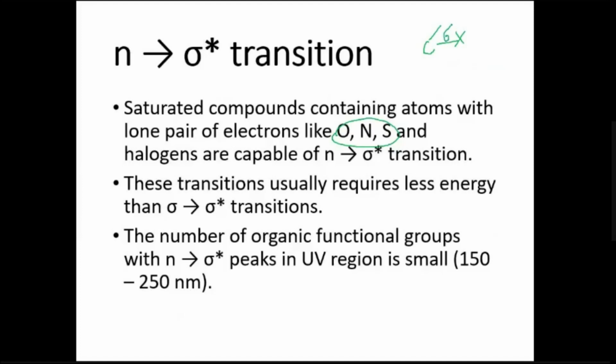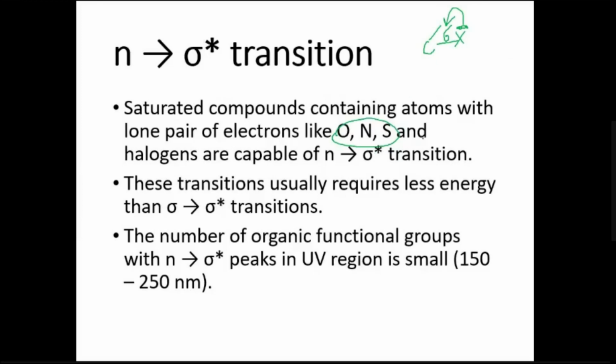There should be a sigma bond. Then only the n electrons present there may jump into the sigma star orbital. So you require a sigma bond and a halogen or oxygen or sulfur or nitrogen.